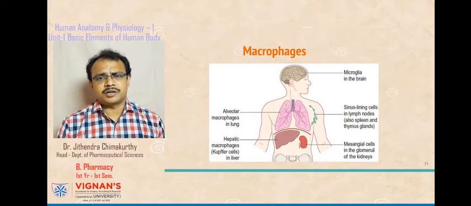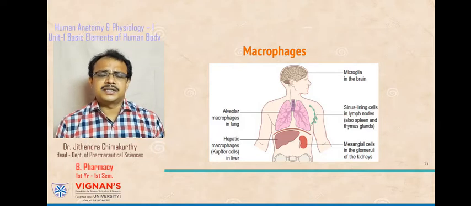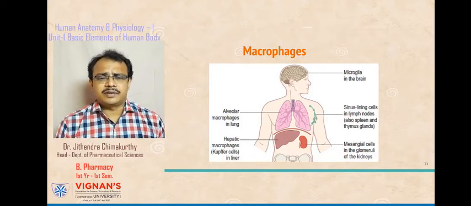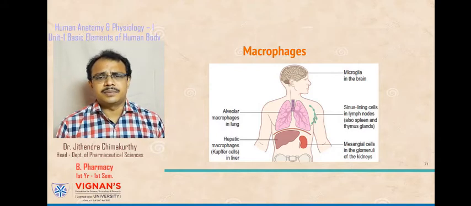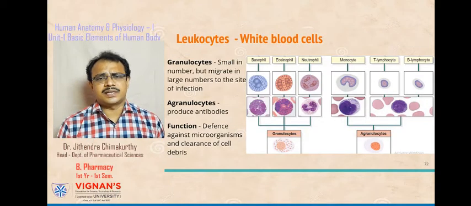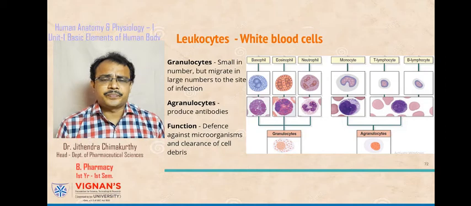They form a part of the monocyte macrophage system, and there are different types of macrophages in different tissues in the body. For example, monocytes in the blood, Kupffer cells in the liver, sinus lining cells in the lymph nodes and spleen, and microglial cells in the brain. The other connective tissue cells are leukocytes.